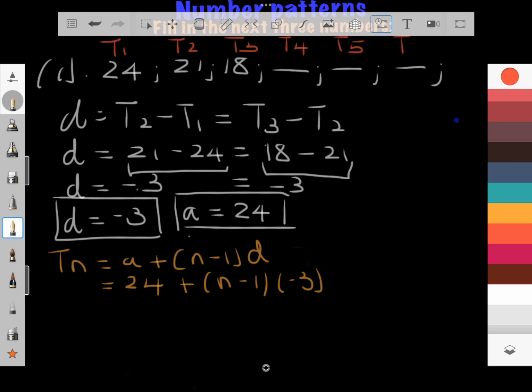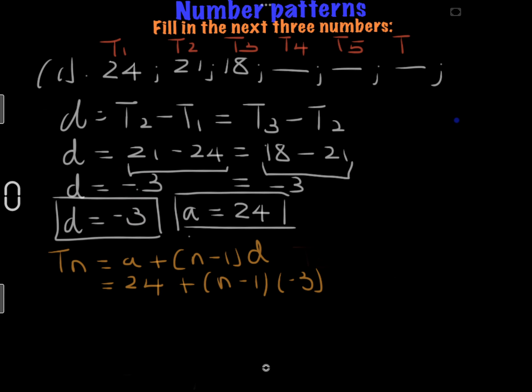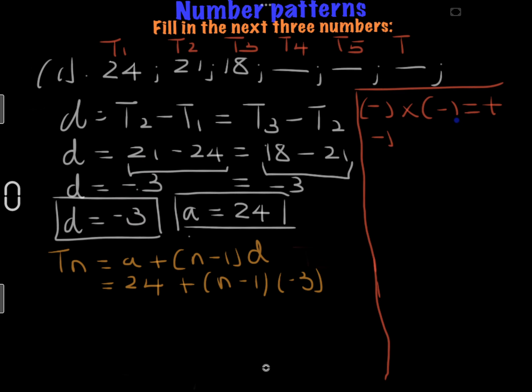Whenever we multiply operations, there are a couple of things that one needs to look at. For instance, a negative multiplied by a negative is equal to positive. A negative multiplied by positive is equal to negative.